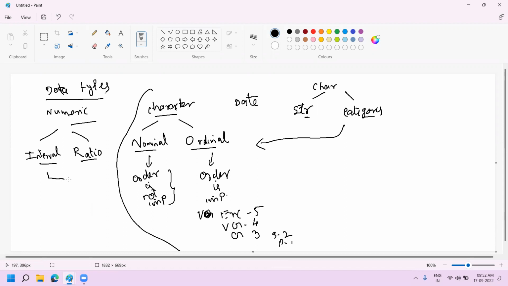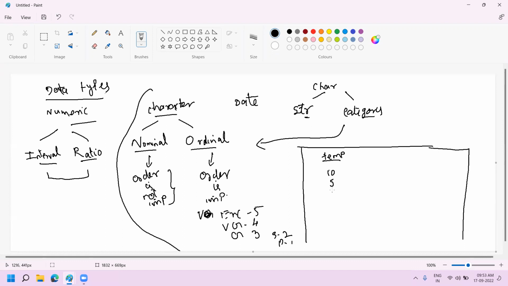Then we have interval and ratio. Interval and ratio are related to numbers. The characteristic of this is, let us say I have a column called temperature, and I have values like this: 10, 5, 0, -5, -10.